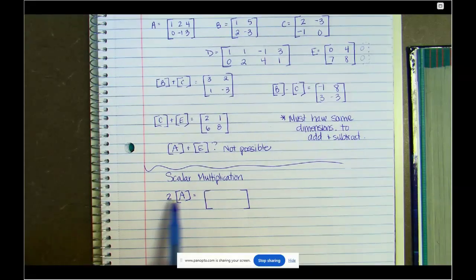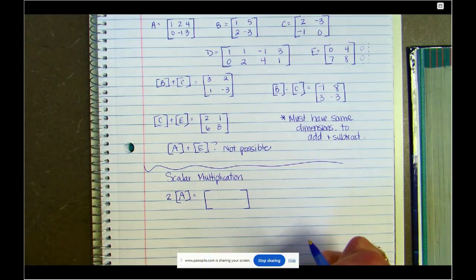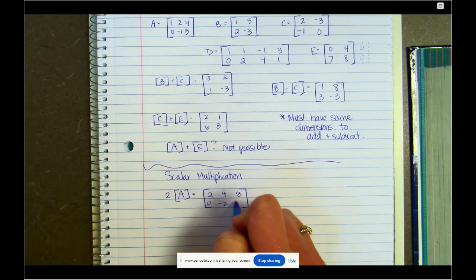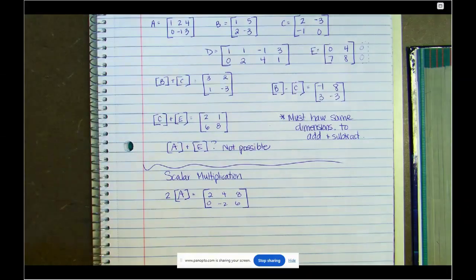We're just doubling this matrix. The size of it doesn't matter. I can double whatever I want to double. What's the answer for this? Yep. Okay, scalar multiplication, super easy.